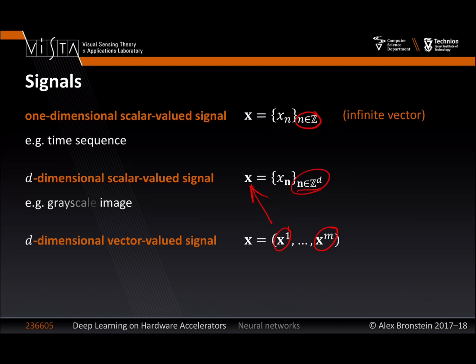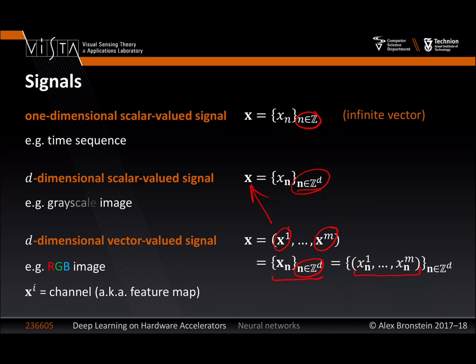For example, an RGB image would be an example. I can also think of it as a sequence indexed by a d-dimensional multi-index, a sequence of m-dimensional vectors, and these are the coordinates of these vectors explicitly. So basically all these views are valid.